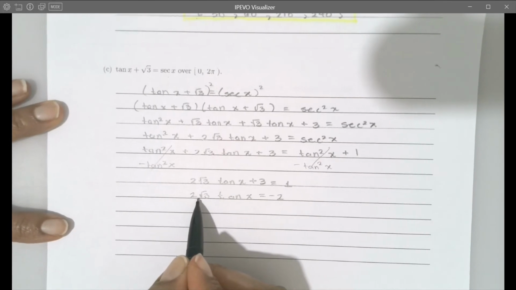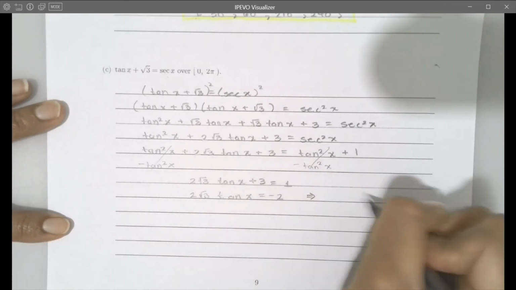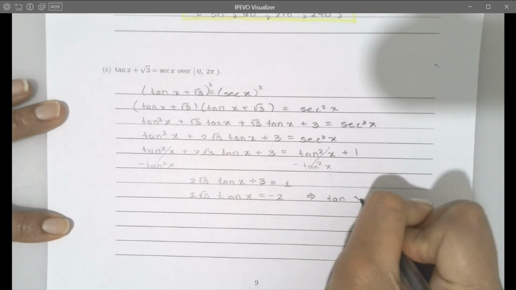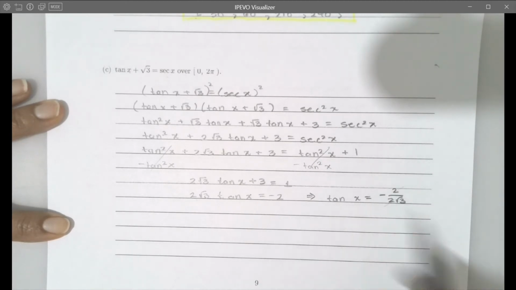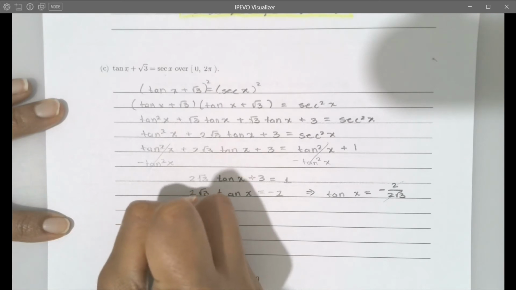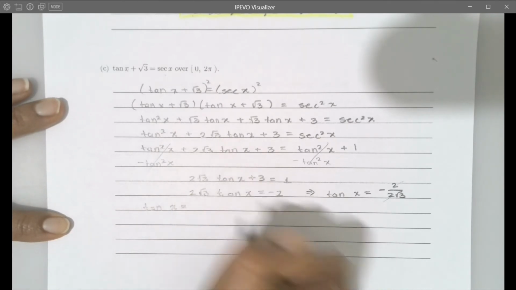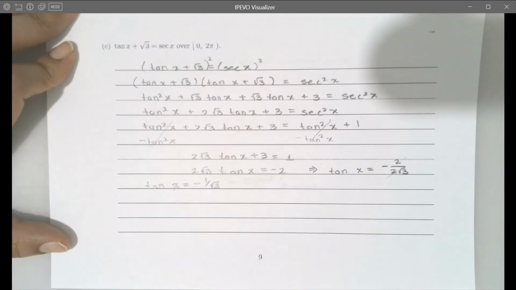Divide by 2 square root of 3 on both sides, and we'll get tan x is equal to negative 2 over 2 radical 3. The 2's can cancel out, giving us a final expression. Tan x is equal to negative 1 over radical 3.